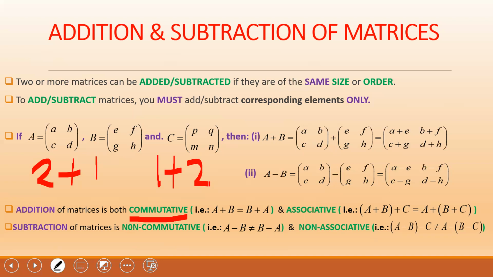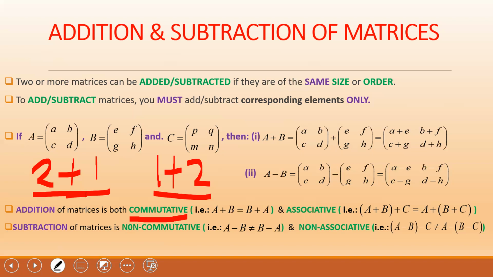So for the commutative property, all you're doing is switching the things around the operation. The operation is addition. So you're switching the numbers about the operation. In this instance, the 2 is in front of the operation, and in this instance, the 2 is behind and the 1 comes at the front.